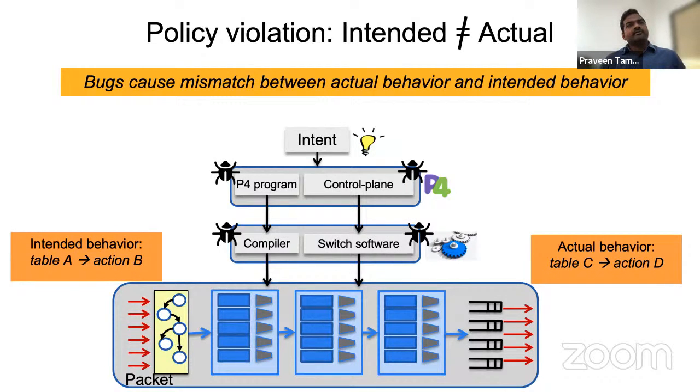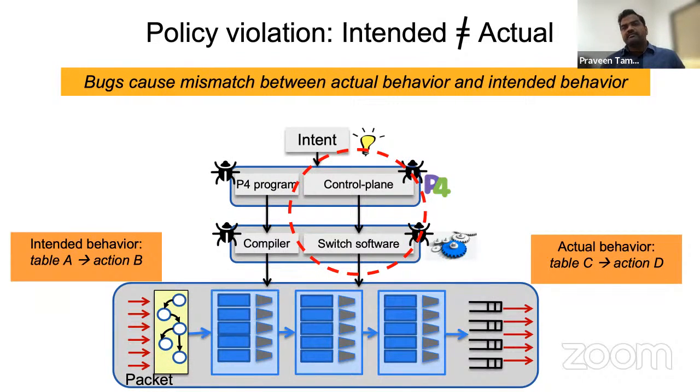For example, human-induced bugs while writing a P4 program could cause a mismatch between the actual intention and the actual implementation. Or a compiler sitting in the middle could translate part of the code incorrectly, or map the program constructs incorrectly to the underlying hardware.